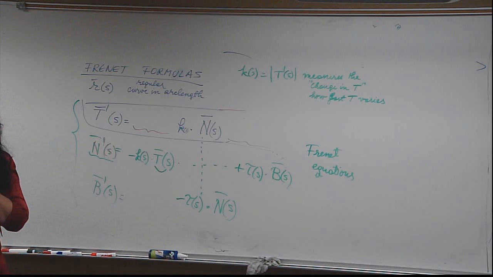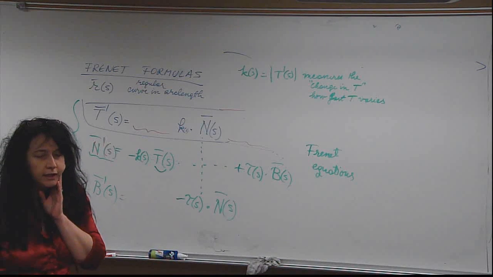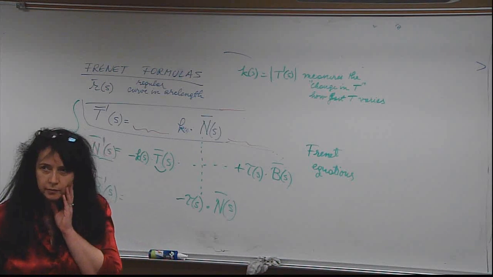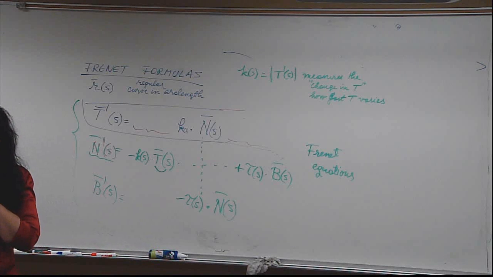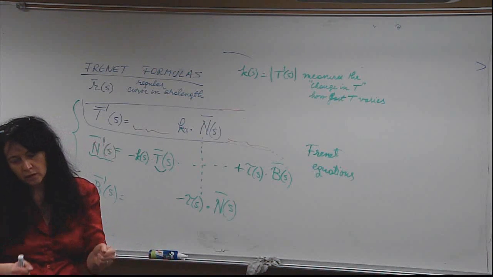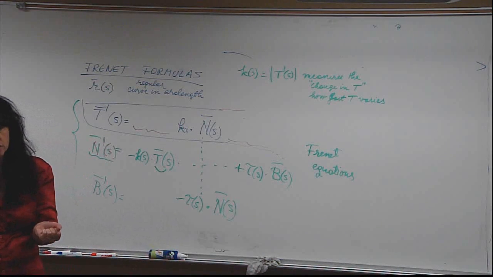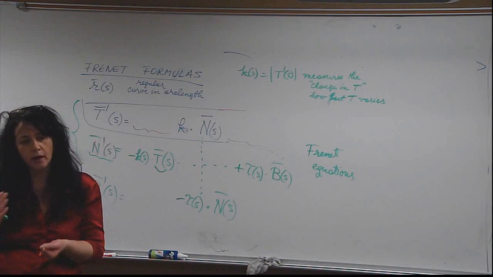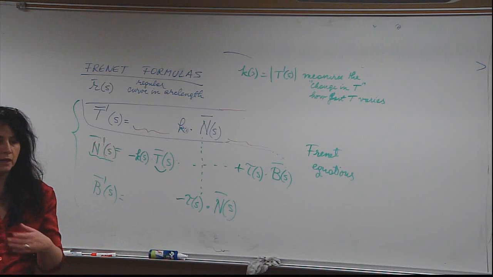If you were to think of a helix, and this is a little bit hard to imagine, the curvature measures how bent a certain curve is. And it measures how bent a plane curve is. For example, for the circle you have radius A, 1 over A, and so on.